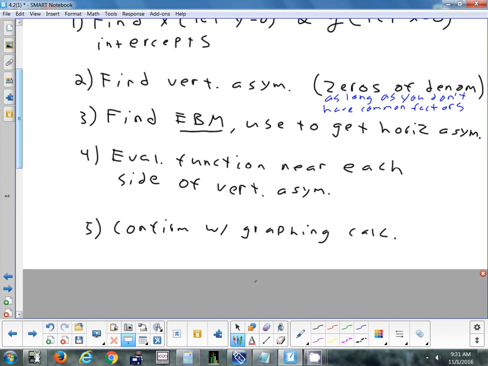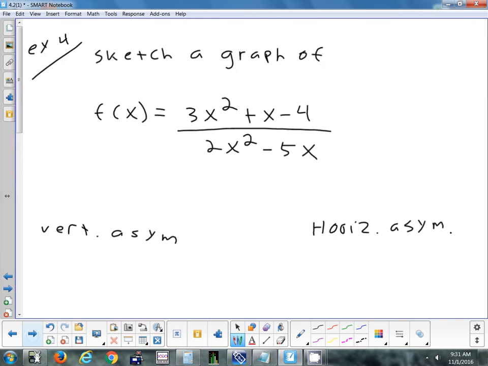The last thing we can always do is, after we sketch it, use the graphing calculator to double check our sketch. Even as I'm sketching it, I'm going to use the graphing calculator quite a bit. I'm going to use the table, because the table can do arithmetic a lot faster than me doing it by hand.